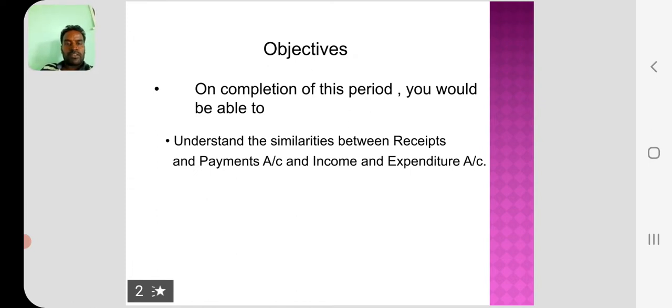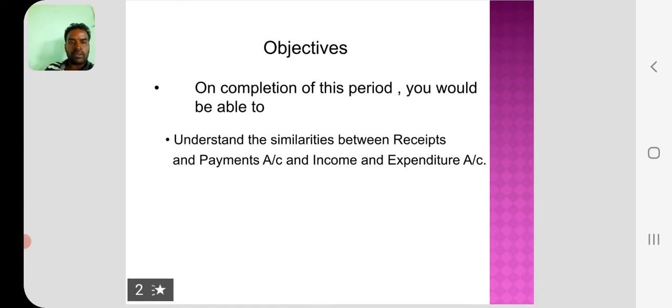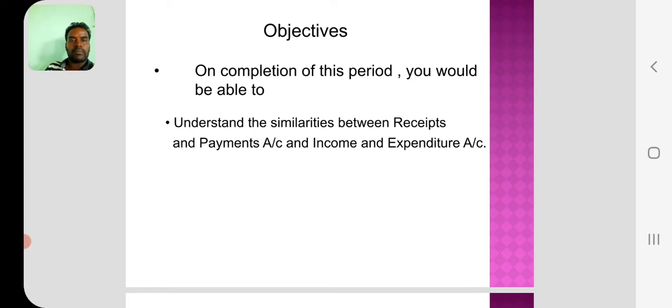In today's class, you will come to know what the similarities are between receipts and payments account and income and expenditure account.